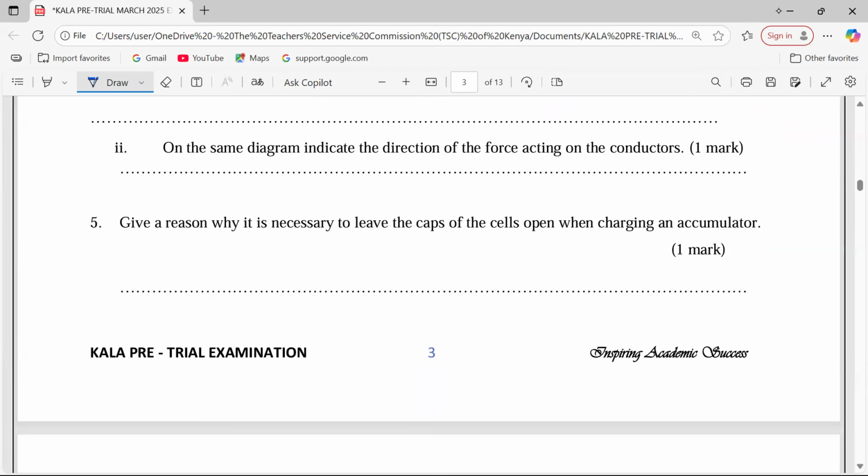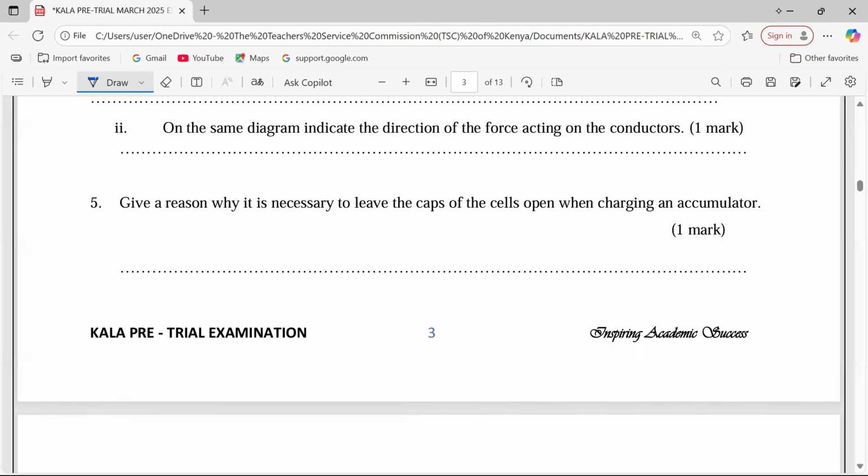Give a reason why it is necessary to leave the caps of the cells open when charging an accumulator.